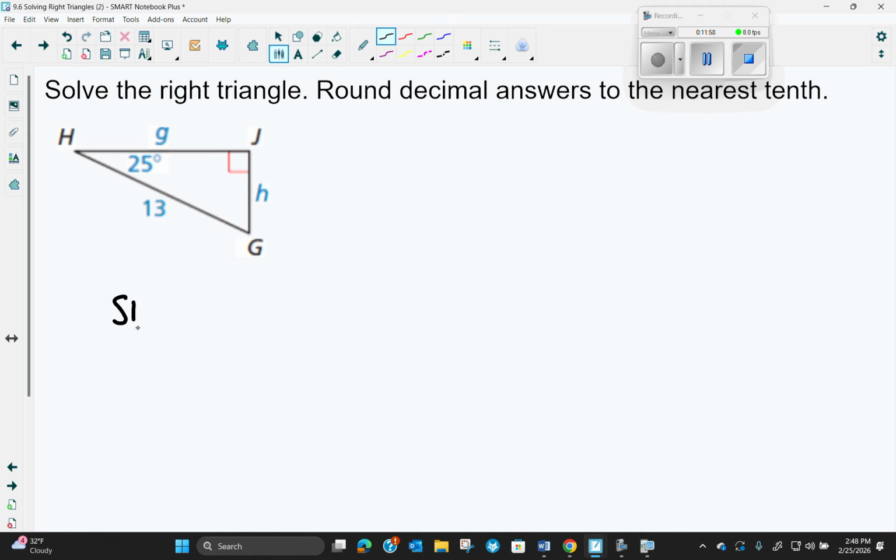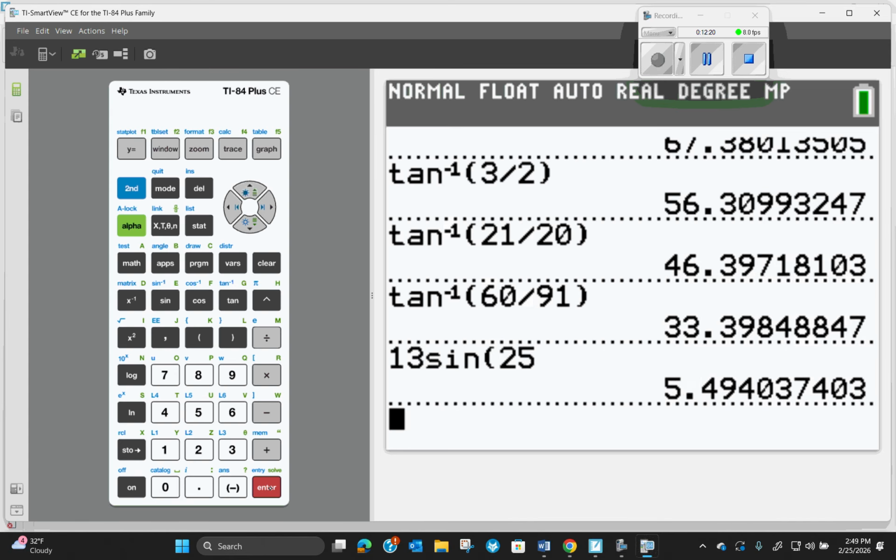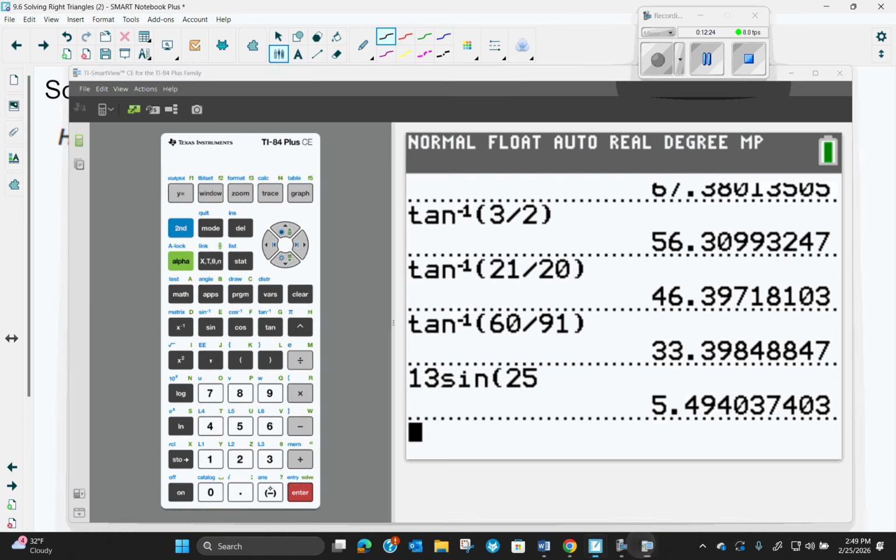So I'm going to go sine of 25 is equal to H over 13. Okay, so that would give me 13 times the sine of 25 equals H. So put that in my calculator. 13 times the sine of 25 degrees. 5.5. Use that.